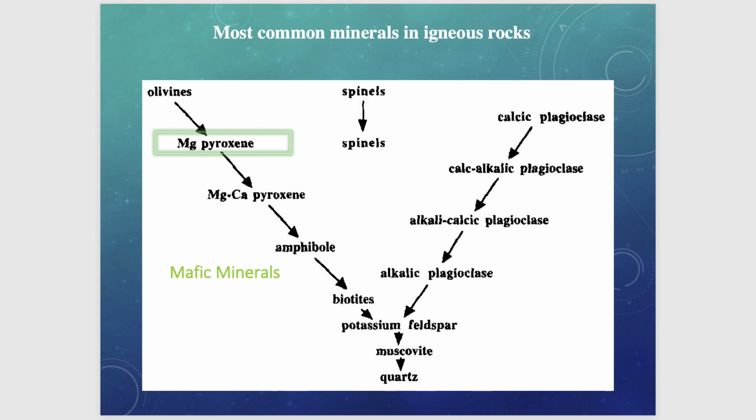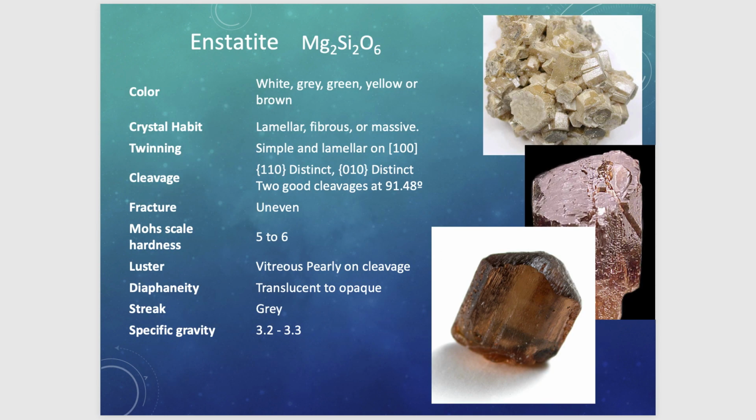So let's discuss the first one, the enstatite. This is a magnesium pyroxene member, and quite commonly you see the effect of magnesium straight away on the color of the crystals, which are light brown or even white in some instances. In fact, they can be easily confused with the plagioclase.